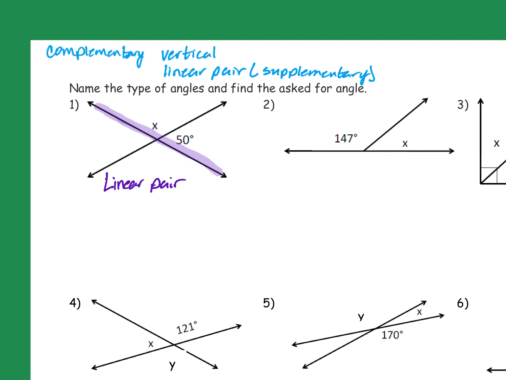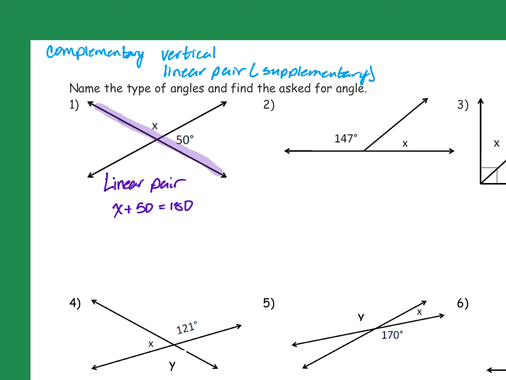So I'm going to find x. I can write an equation. I know that we can find it really easily, but I want to start writing an equation because tomorrow, guess what? We're going to add some more variables in here. It's going to get a little harder, right? So I want to be able to learn how to write the equations. So this would be x plus 50 has got to equal 180 degrees.